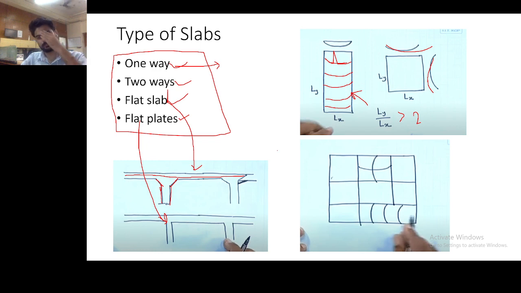Okay, so in this plan, which one is a one-way slab, which one is a two-way slab? It's pretty much clear that this section looks like a one-way slab. This is two-way, this is also two-way, and all others are two-way.